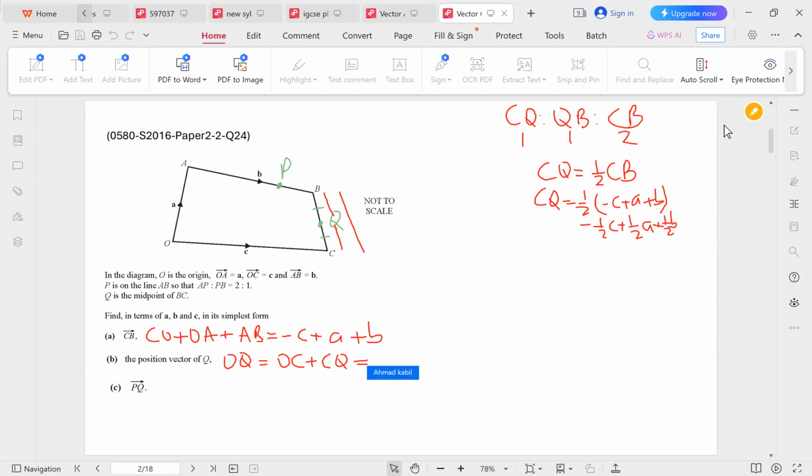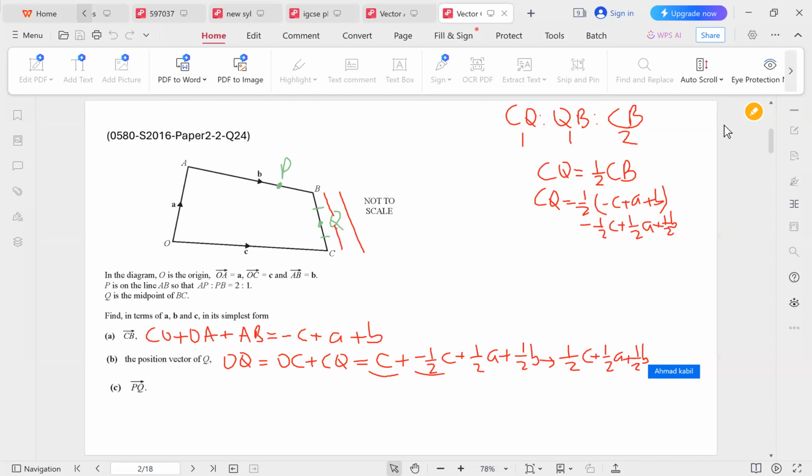OC, of course, is just C, and then plus CQ, which is negative half C plus half A plus half B. So the final answer, after simplifying, C minus half C would be just half C and half A and half B.